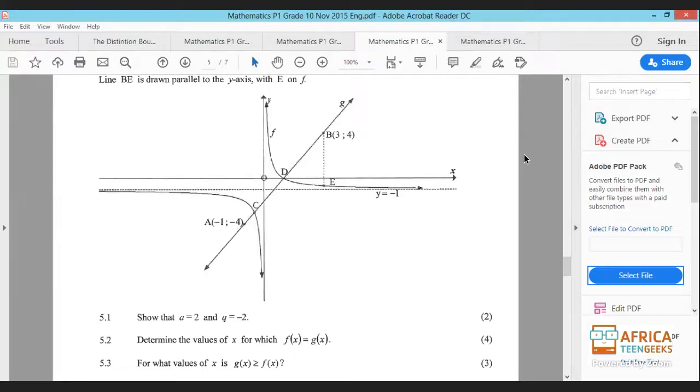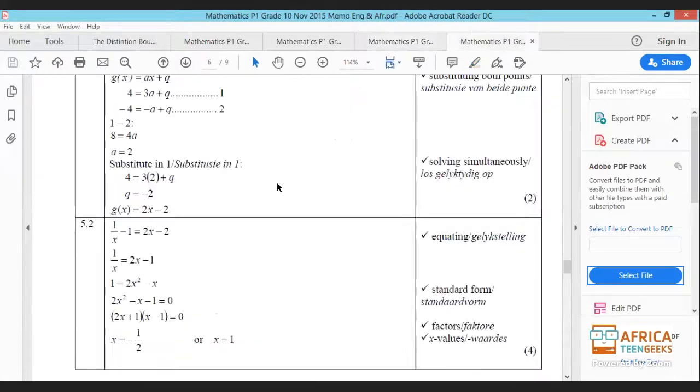Someone is asking, where do we get 2x squared? It's because now you had 1 over x is equal to 2x minus 1. So you want to kill this fraction, and you must multiply by x throughout.